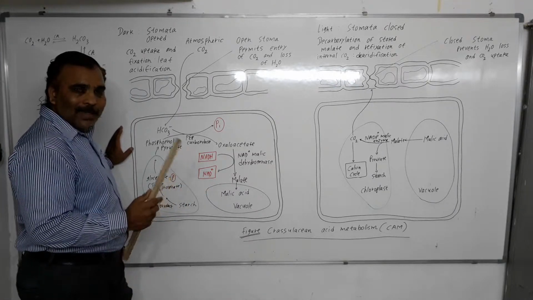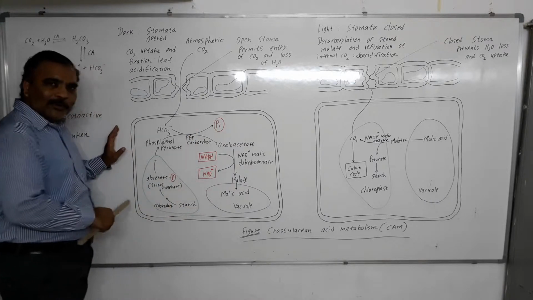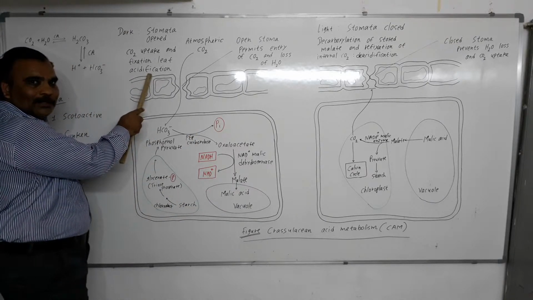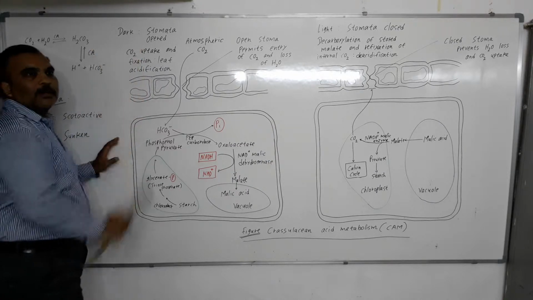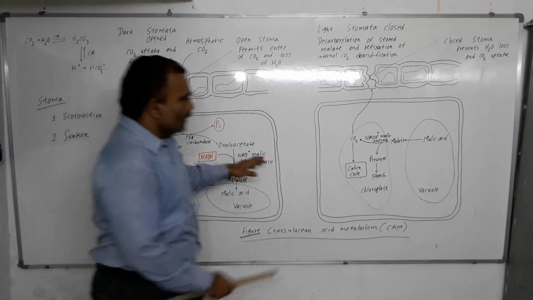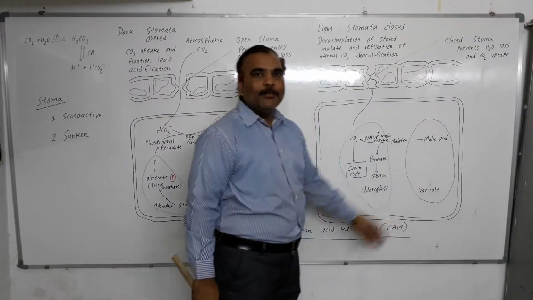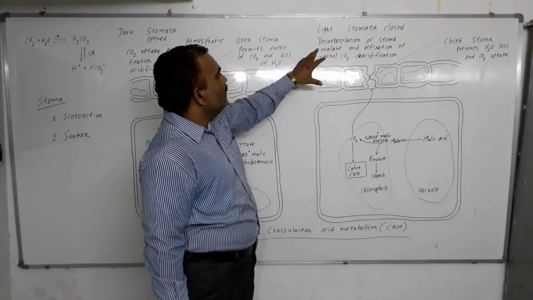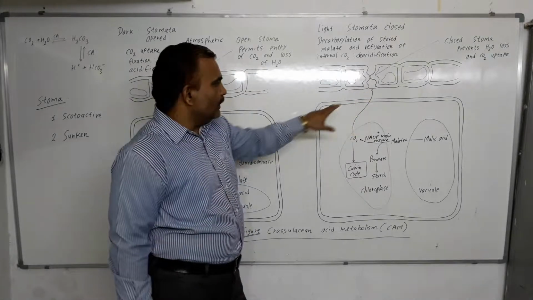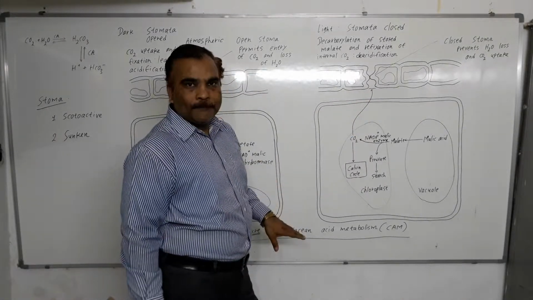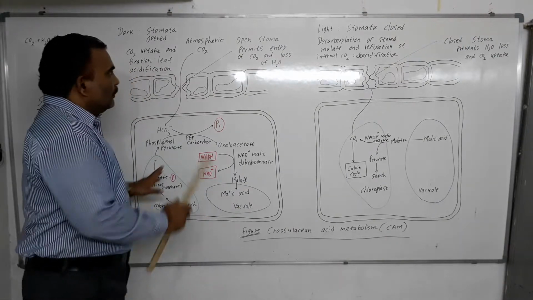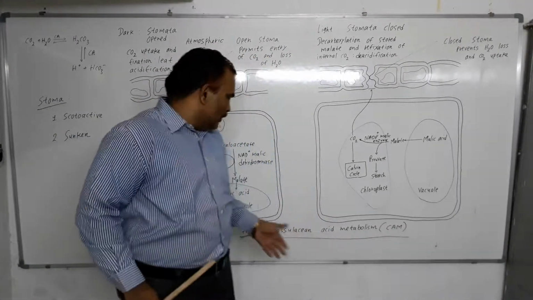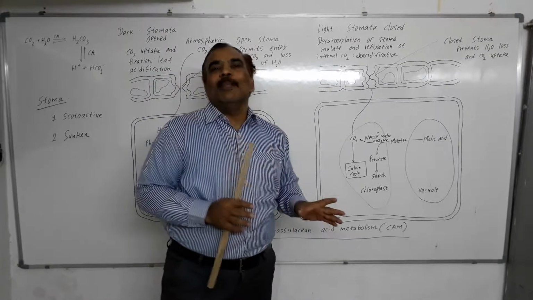Malic acid is an acid and acid is produced during night, so you can say acidification is happening during night. And during daytime malic acid is used, so that's why deacidification is written over here. So with this we have completed all the reactions of crassulacean acid metabolism.